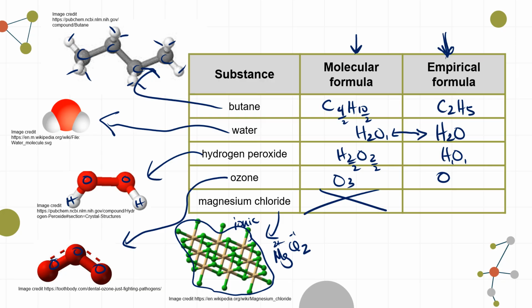And so there is no molecular formula for an ionic compound because it's not molecular. We can, however, call the formula unit of the ionic compound the same as its empirical formula. MgCl2 is the empirical formula and also the formula unit of this ionic compound. There is no molecular formula for an ionic compound.